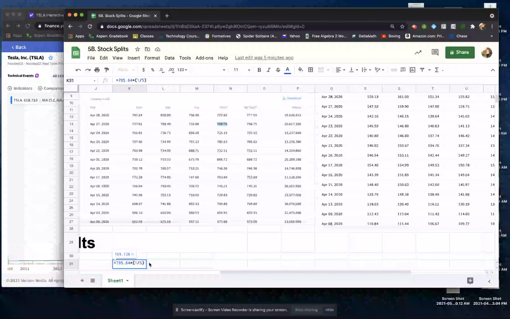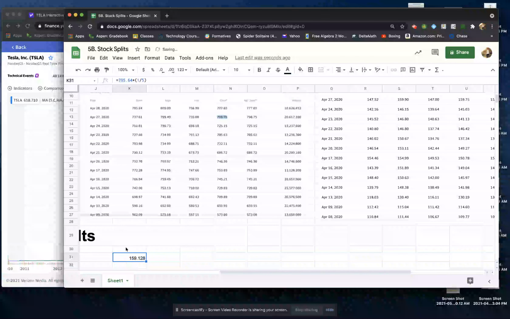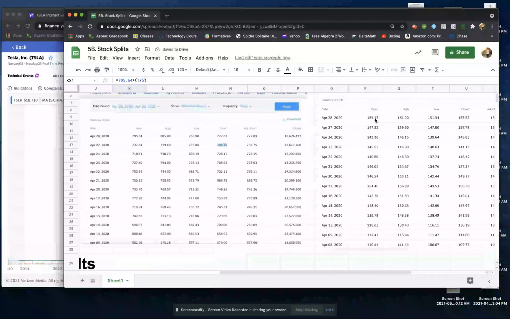You end up getting 159.128, and if I round that to money, I get 159.13. And if we look over here on the historical chart I did yesterday, there's the 159.13.